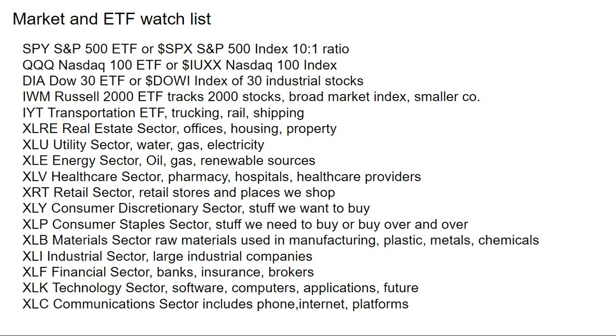I look at sectors. And then I've got an even longer list of other ETFs that go inside of these sectors to break it down. But we'll stop with the top 12 or 15. Okay, so this will give us a market context, where we expect the market in general to go: up, down, or sideways.